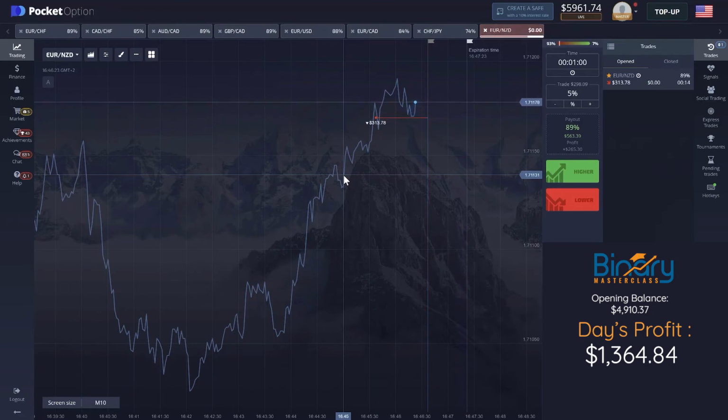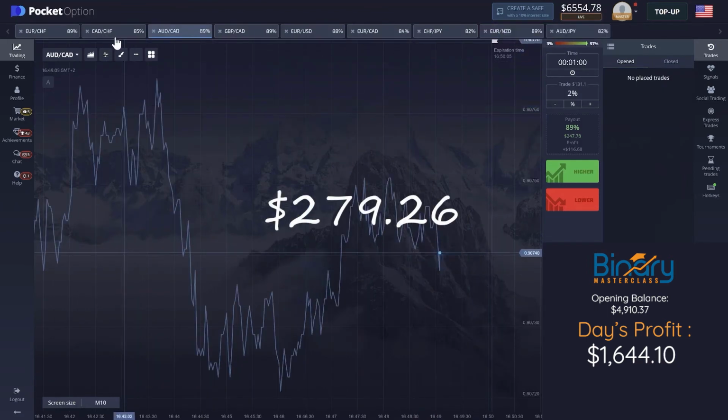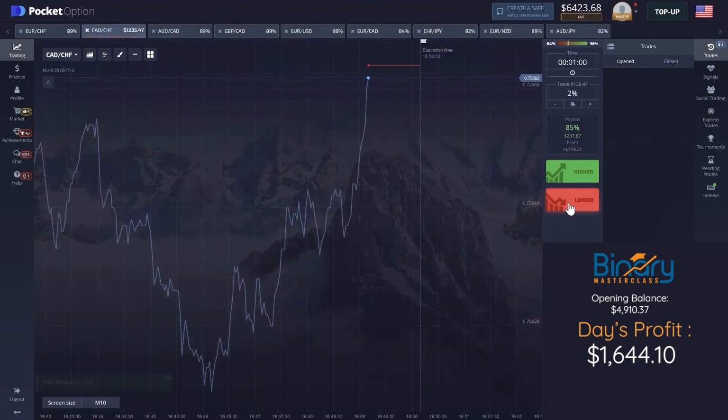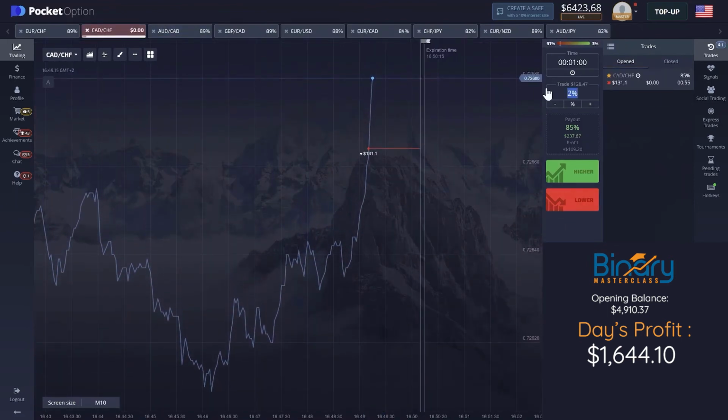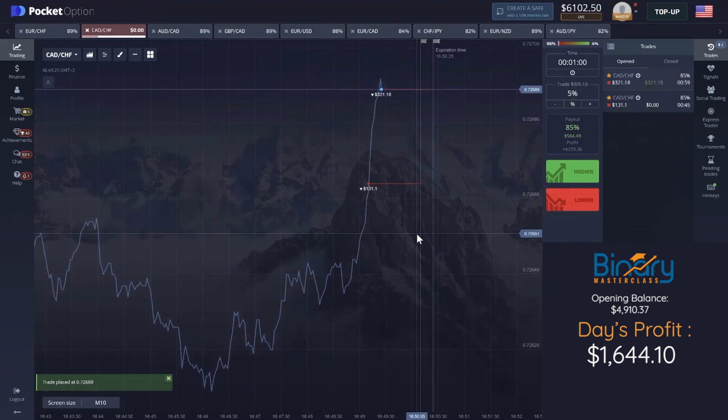Our second moves into the money, though, dancing around our profit line, and finishes with a second entry win and a profit of $279.